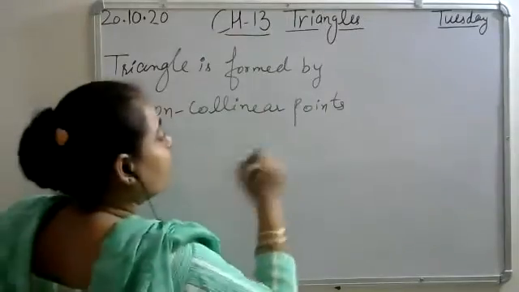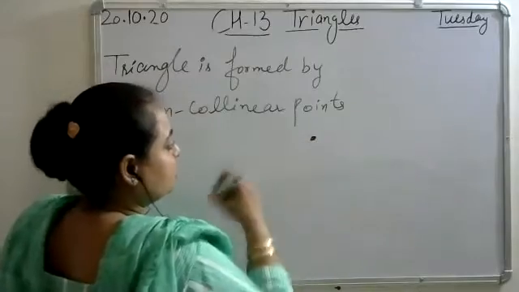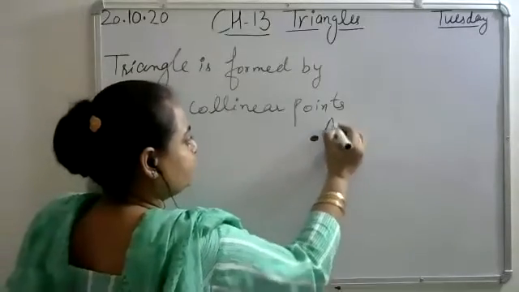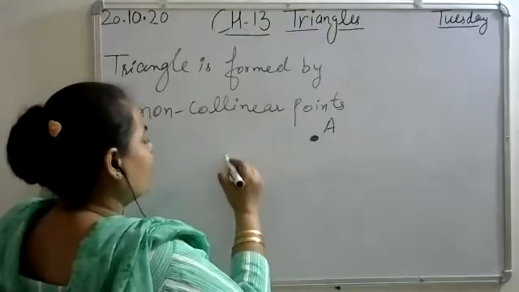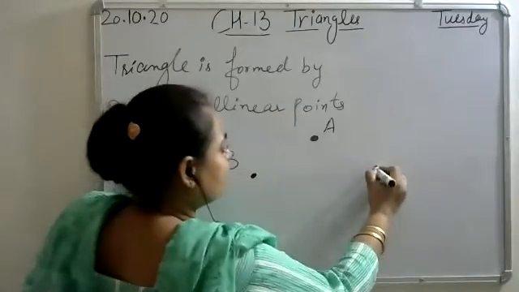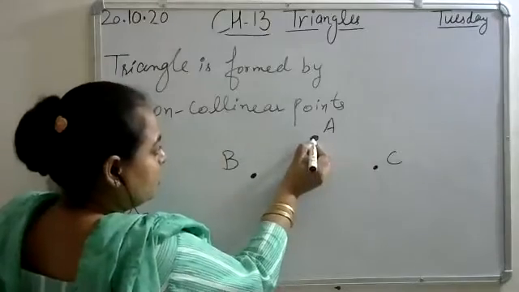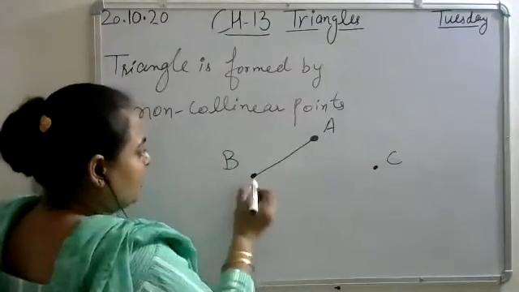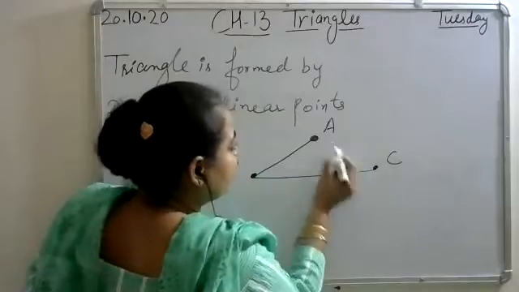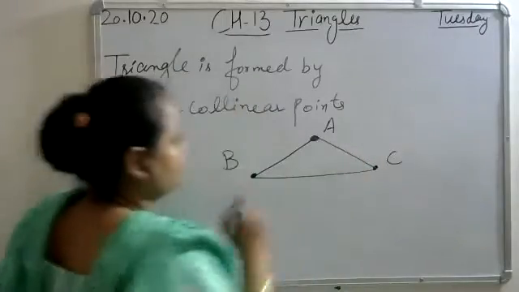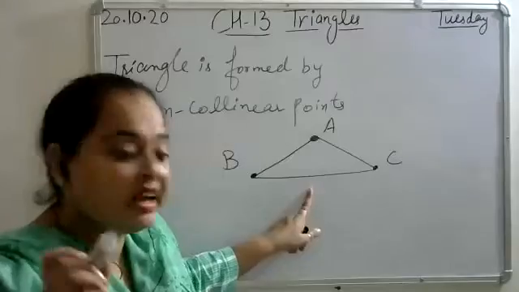Now take 3 points at different locations. This is point A. Take B here. This is point B and this is point C. Now join A with B, B with C and C with A. So this is a triangle.